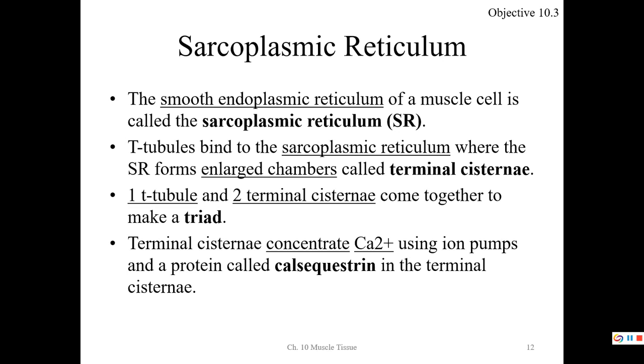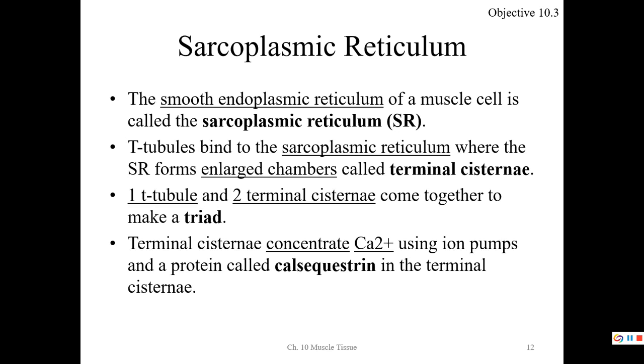Now, there are very specific parts of the sarcoplasmic reticulum where the T-tubules pass between and bind to them. Where the T-tubules bind to the sarcoplasmic reticulum, there are chambers, enlargements of that sarcoplasmic reticulum called terminal cisternae. A cistern holds stuff.